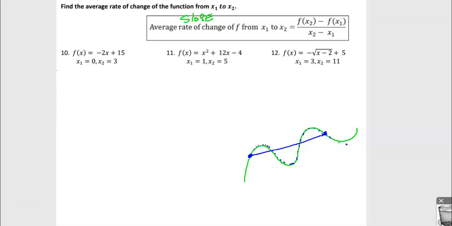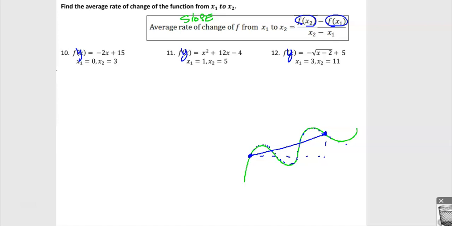Average rate of change is basically finding the slope of these lines. So rise over run, if you want to do it that way. How much is it rising? How much is it running? So notice this is basically y2 minus y1, because f of x is the same as y. Literally I can put a y there, a y there, a y there. So this is just y2 minus y1 over x2 minus x1.